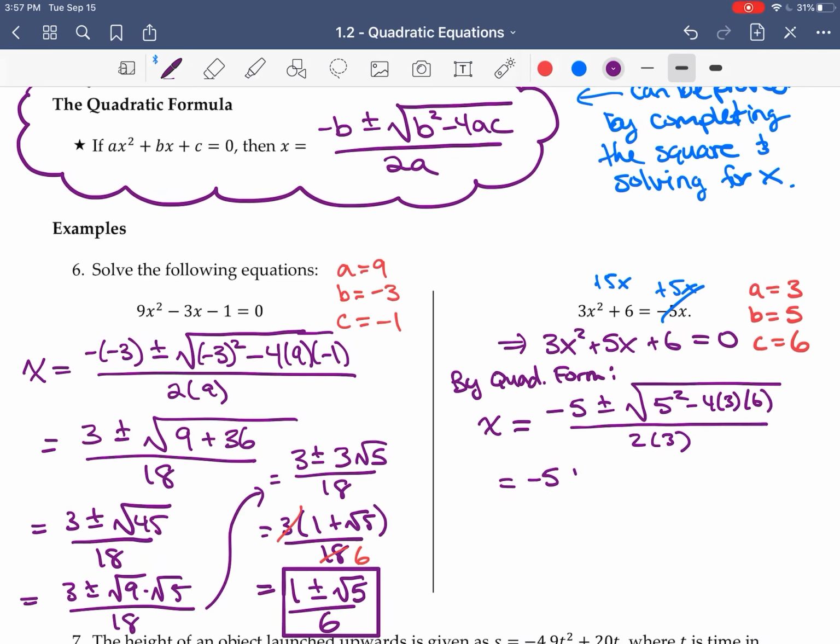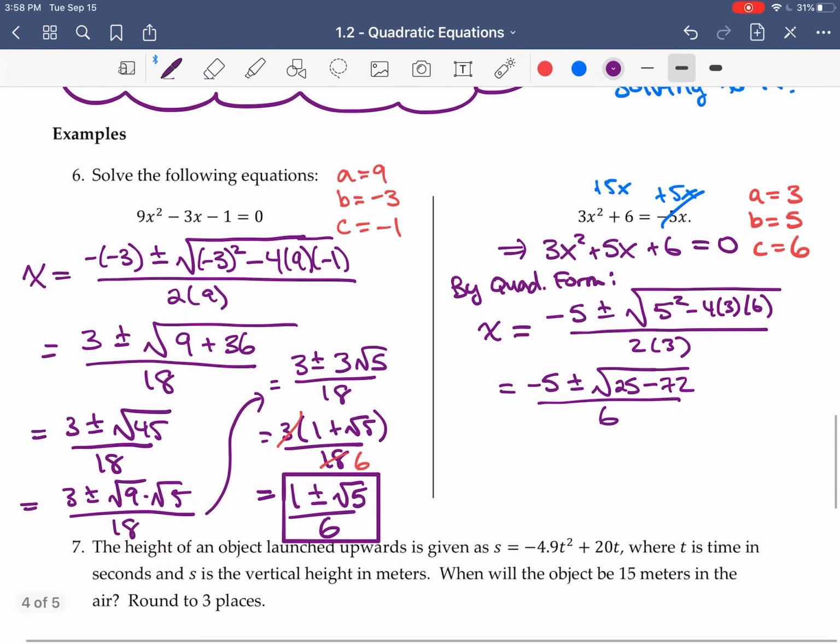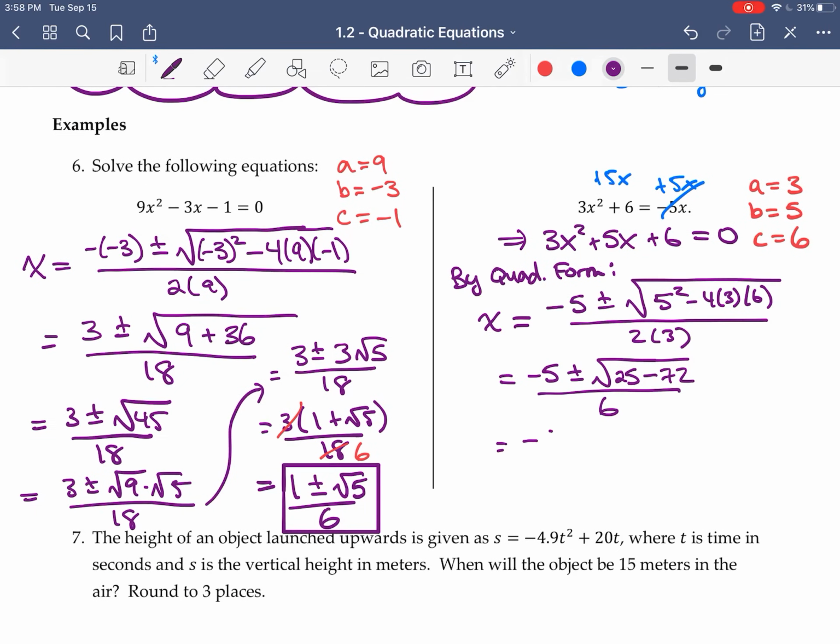So that's negative 5 plus or minus the square root of 25 minus 4 times 3 times 6, which is 72, over 6. So this is negative 5 plus or minus the square root of negative 47, all over 6.